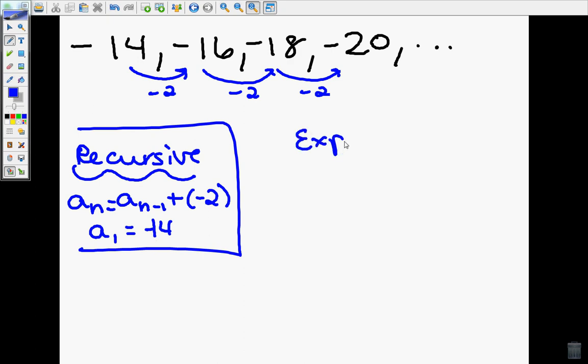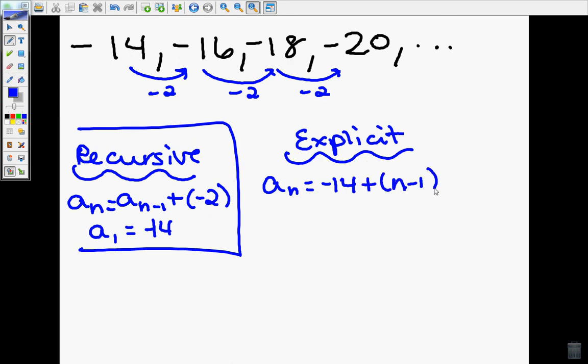The explicit formula is a sub n is equal to our first term, which is negative 14, plus n minus 1 times a common difference of negative 2. Now, again, we could simplify this.